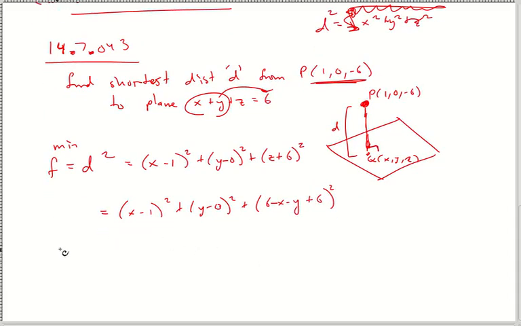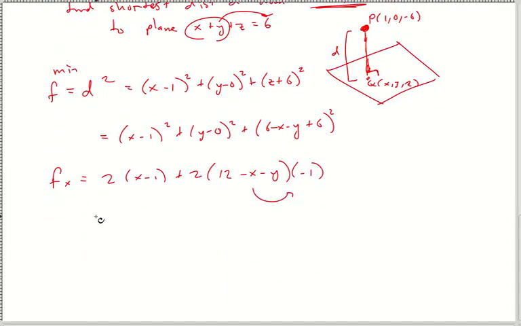Well, we need to find f sub x and f sub y and set them both equal to 0. So we got the 2 comes down, leave this alone, the y goes away. Again, this is a 12, so when I bring the 2 in, I'm just going to say 12 minus x minus y. And then the derivative of the inside of this is going to be a negative 1. Okay, and this whole thing should be equal to 0.